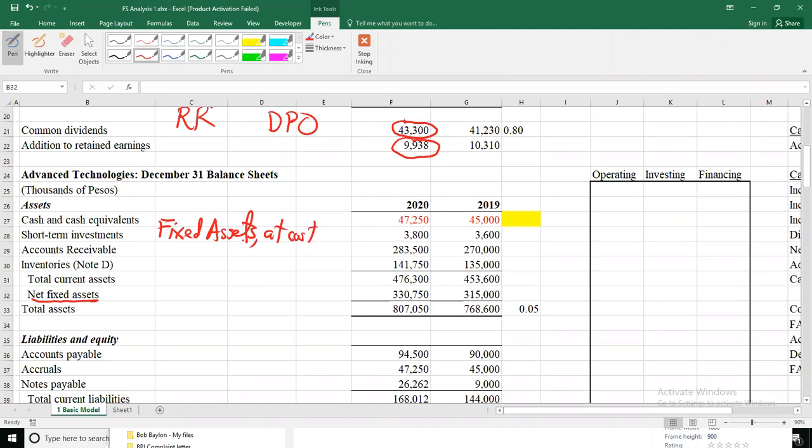Yung acquisition price yan. Yan siguro may note dito, kunyari, note E o note 5. Sa ilalim, yung list ng mga fixed assets natin. Kunyari, kung 20 fixed assets, isa-isa yan naka-list. And then, what do you subtract here, guys? Less what? May sinasubtract tayo dito. Ano sinasubtract natin?